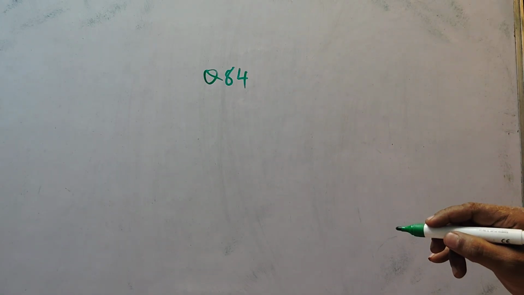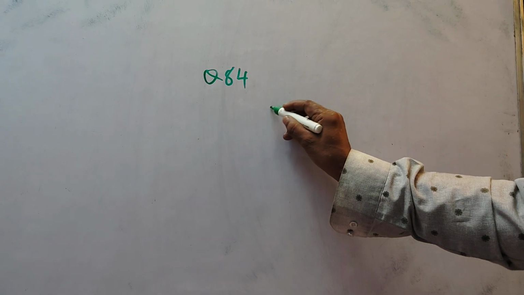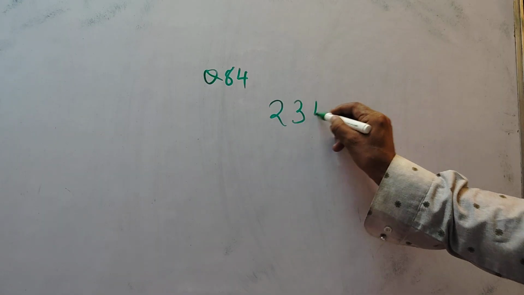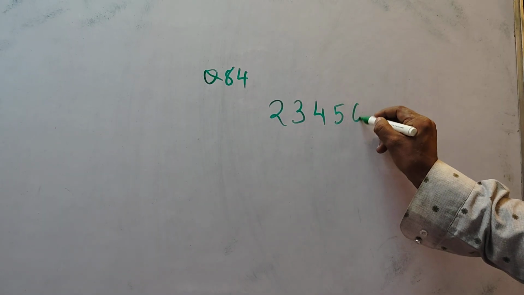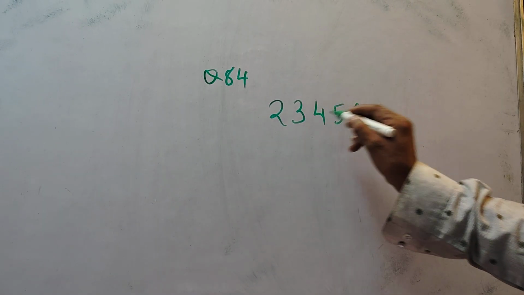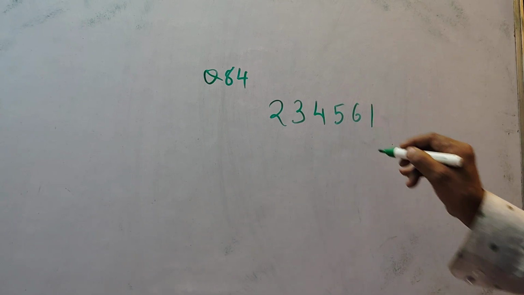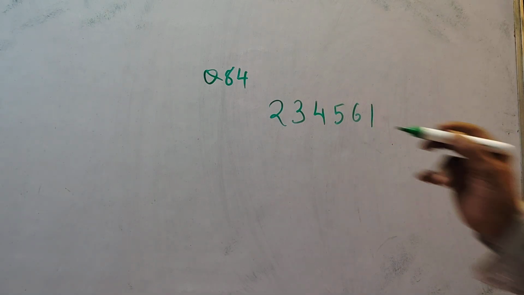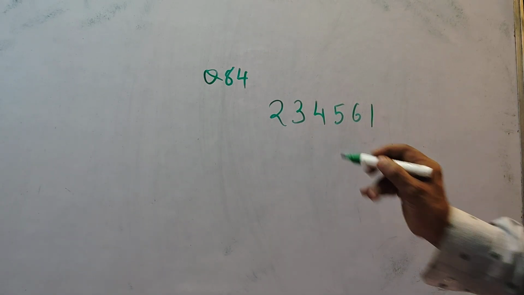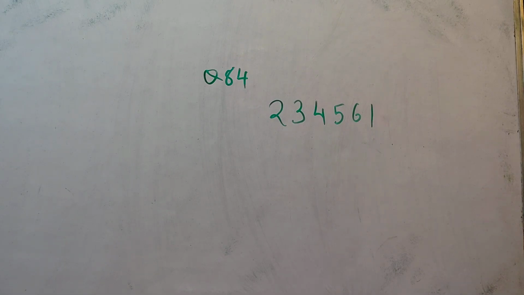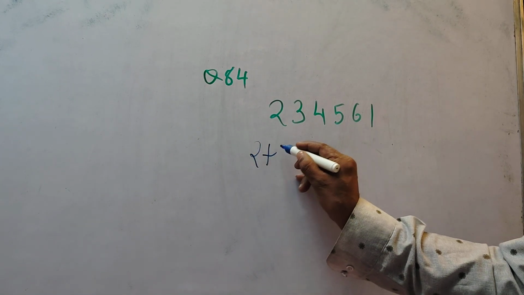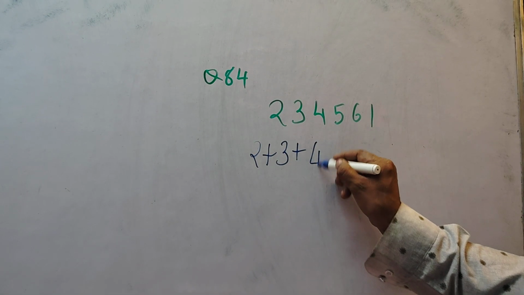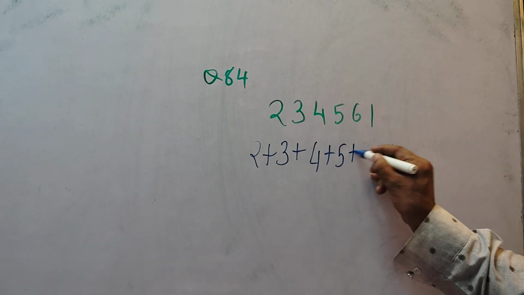If the sum of the digits of a number, suppose we are taking the number 2, 3, 4, 5, 6, 1. The sum of the digits means we add all the digits: 2 plus 3 plus 4 plus 5 plus 6 plus 1.